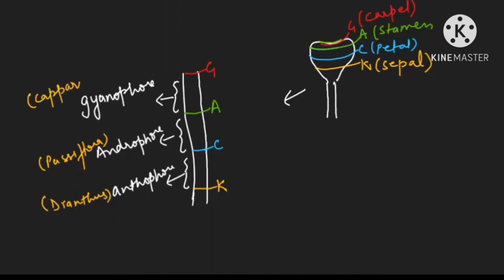Sometimes you can find both androecium and gynoecium borne on a common internode, so we call it gynandrophore. Let me write it here. This internode together is present, and this is known as gynandrophore.